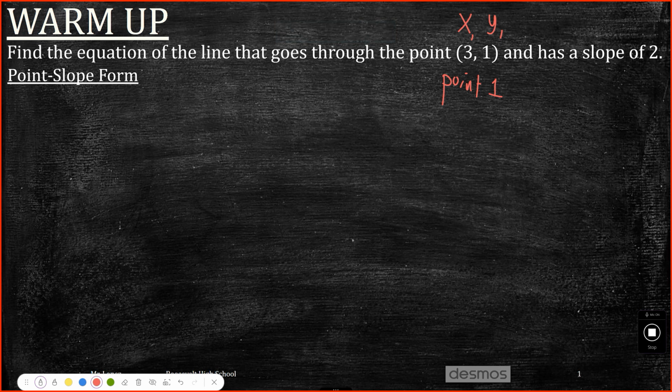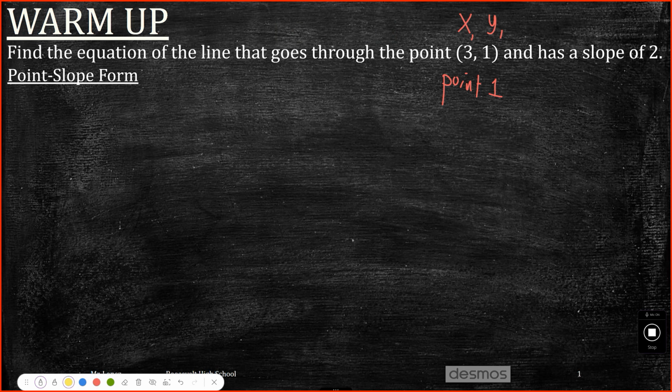Write this down, point slope form of the equation of a line. There's other ones that you probably did, y equals mx plus b. But in calculus, point slope form is the way to write the equation of a line. And here it is.